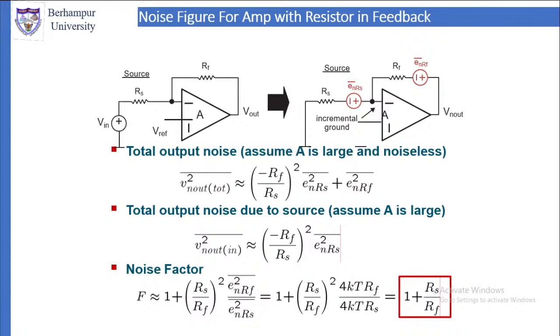Total output noise due to source, assuming A to be large, is covariance of input voltage equal to minus (RF by RS) whole square into covariance of input noise. Then noise factor, as in the previous case, will be equal to 1 plus RS by RF.